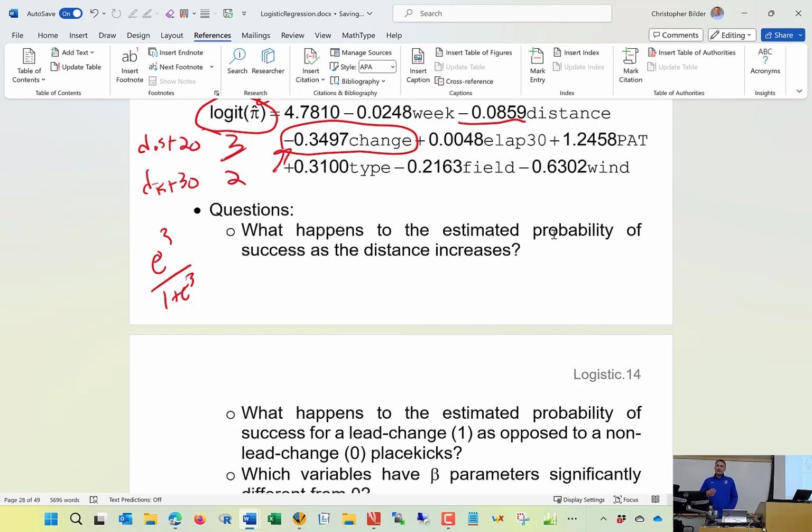For a lead change place kick, meaning that if the place kick is successful, it causes a different team to be winning the game, you might think there might be more pressure on that place kicker. And if there's more pressure, maybe the probability of success actually goes down. Since I have a negative coefficient here, indeed, that's what happens.